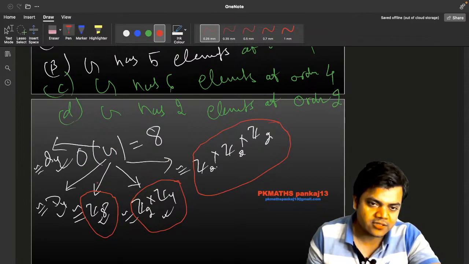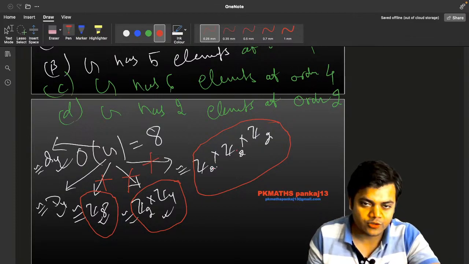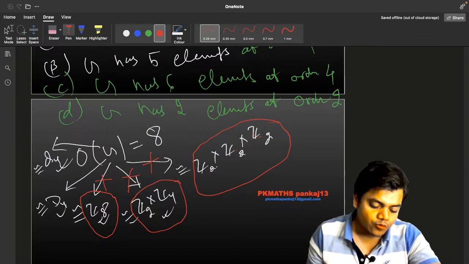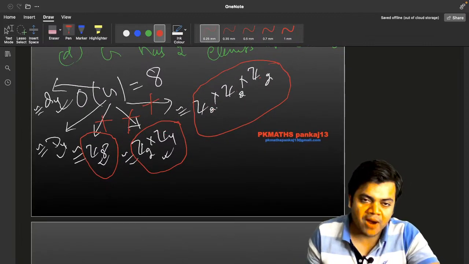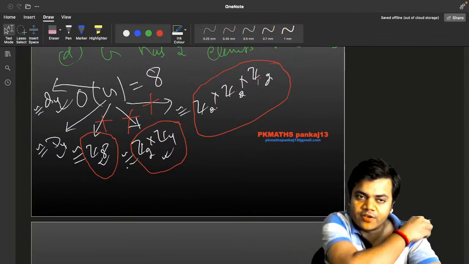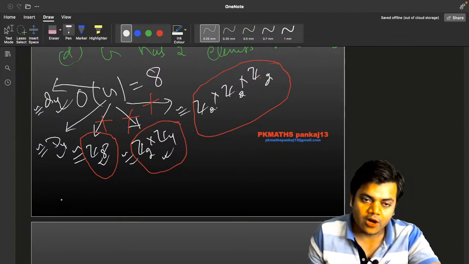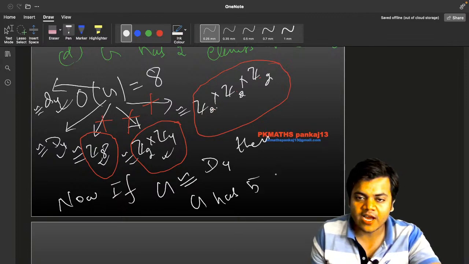Therefore, certainly G is not isomorphic to Z8, not isomorphic to Z2 cross Z4, and not isomorphic to Z2 cross Z2 cross Z2. So we have only 2 options remaining. Either G is isomorphic to D4, or G is isomorphic to Q4. So now, if our G is isomorphic to D4, then G has 5 elements of order 2.